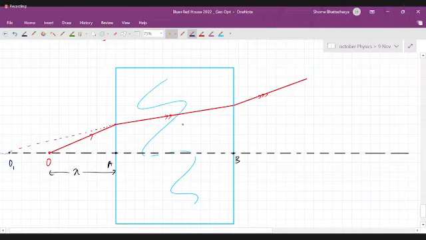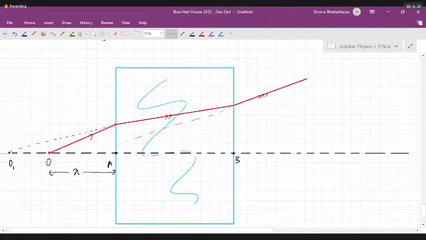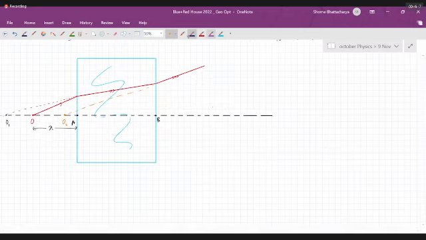And then when you produce this final emergent ray backwards, it meets the principal axis somewhere here. Let's call this O2. So this is our final image. This thickness here is d.